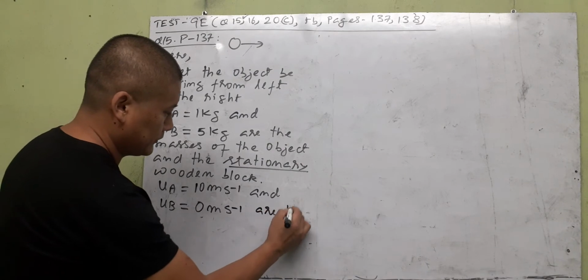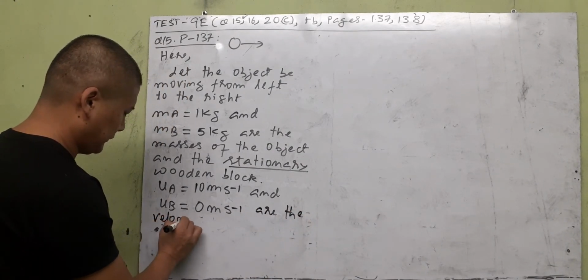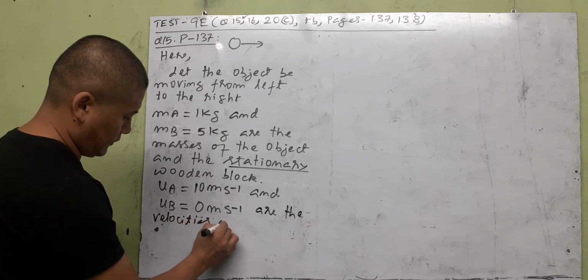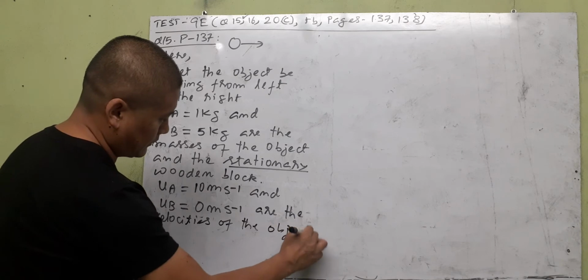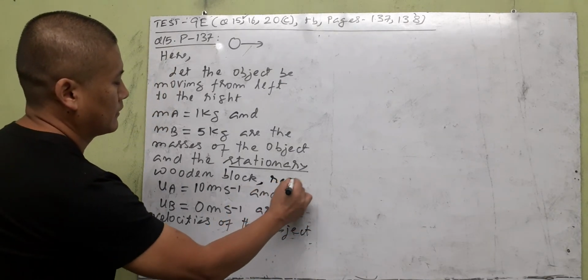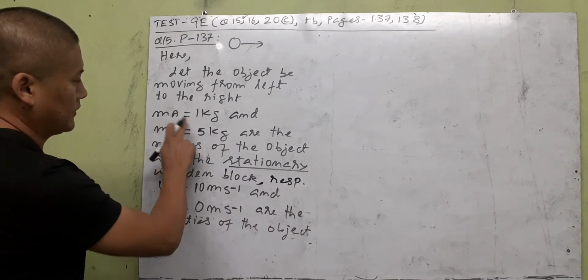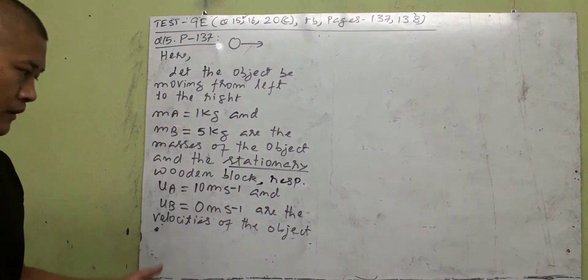These are the velocities, let us go slow, of the object. Here you can write respectively, so that this MA is the mass of the first object, this MB is the mass of the second, wooden object.